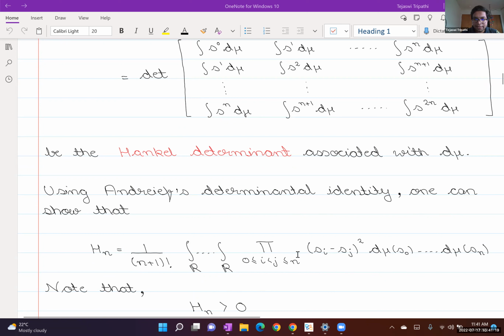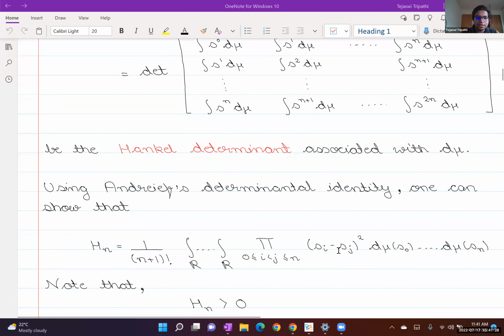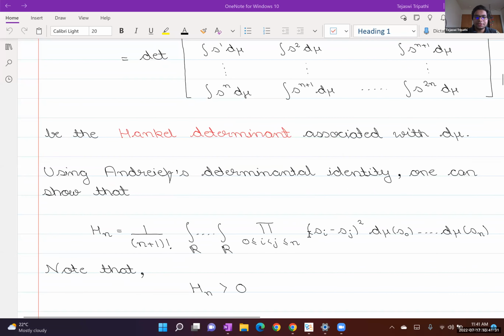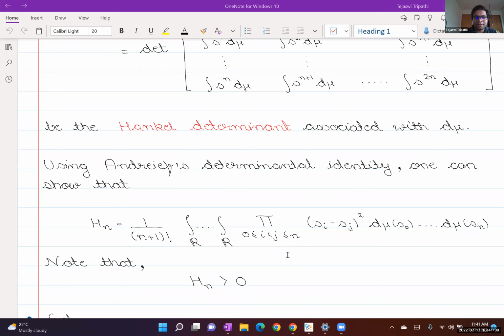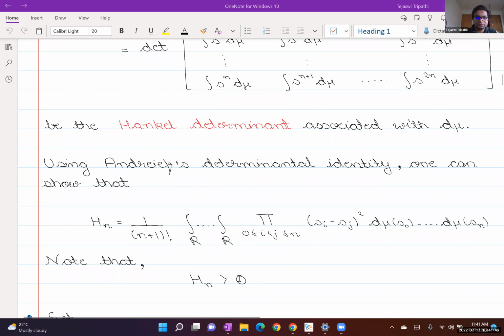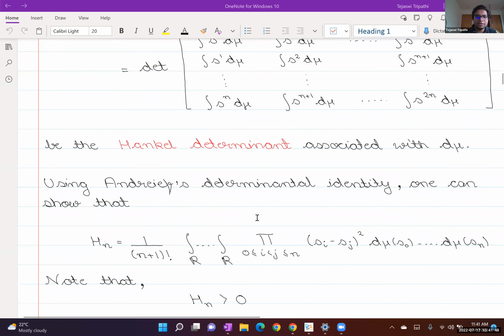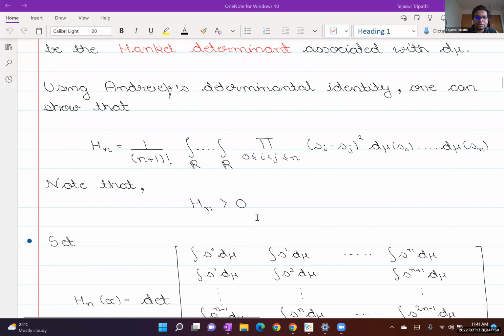If you see this integrand, it is nothing but the square of the Vandermonde determinant. The next thing to note is that this determinant is always positive. This is true because of our assumption that μ is supported on infinitely many points. It's not obvious to show, but if μ is supported on infinitely many points, then this determinant will be positive. Okay, so we have defined a determinant which is always positive.